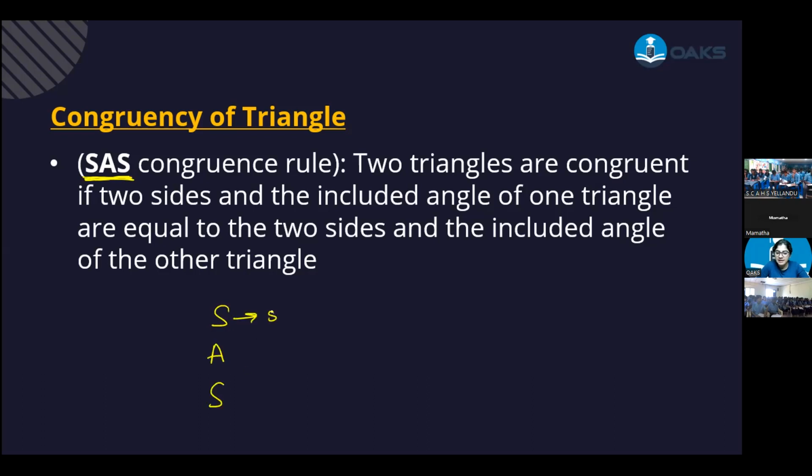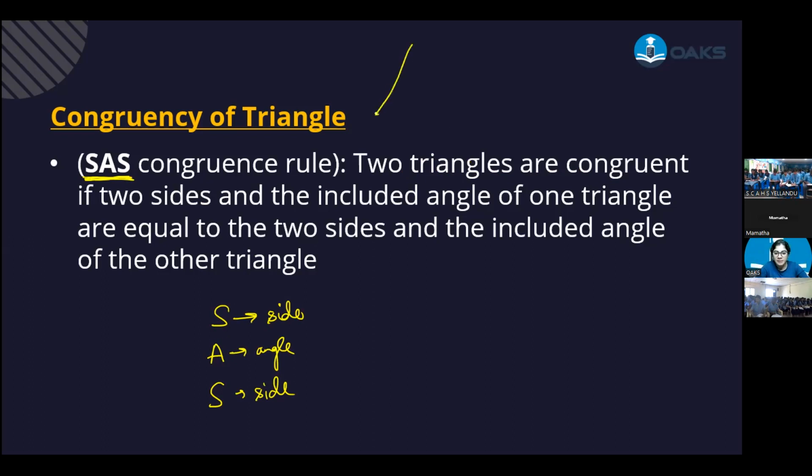It stands for side, angle, and side. Now, what is the definition? Two triangles are congruent if two sides and the included angle of one triangle are equal to the two sides and the included angle of the other triangle. If they are equal, we can say that these two triangles are congruent.